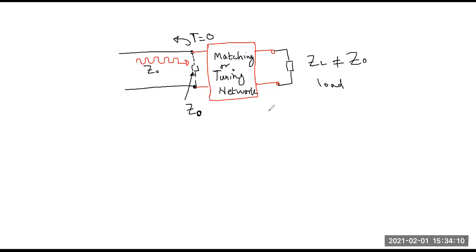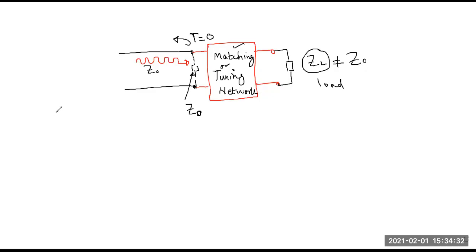So in order to design a matching circuit, we use some kind of a circuit which converts, or transforms, or you can call it maps, load ZL to Z naught. And now we get this matched behavior. Okay.